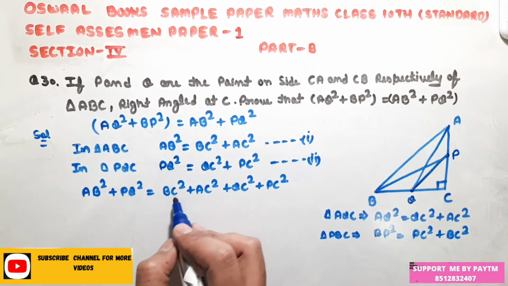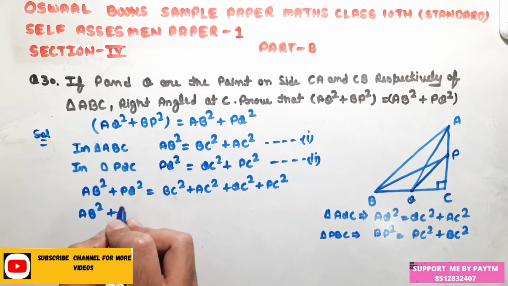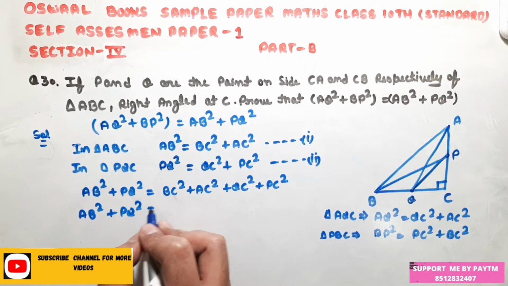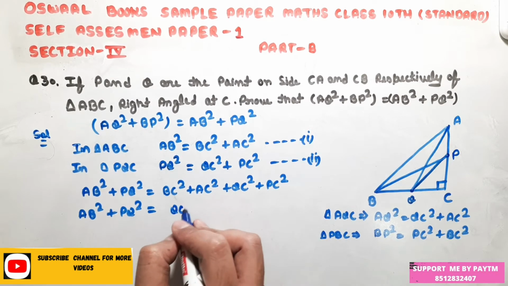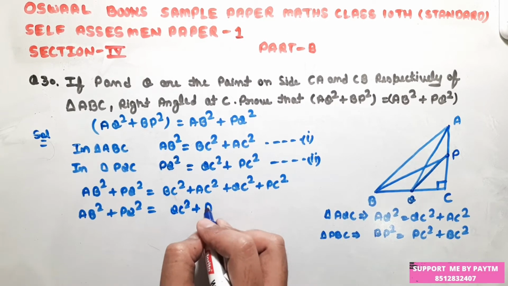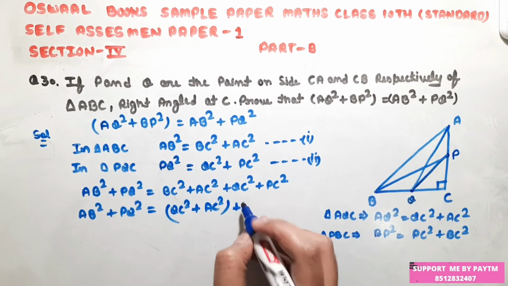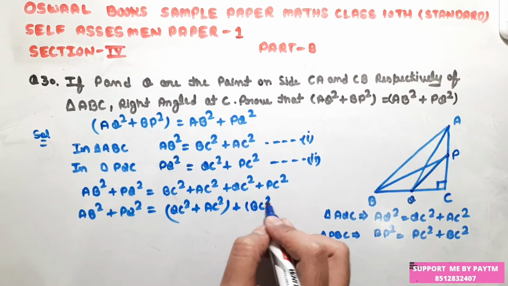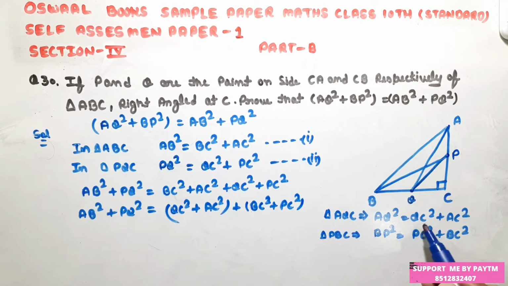So, rearranging, AB square plus PQ square is equal to QC square plus AC square plus BC square plus PC square. Here we can see QC square plus AC square is equal to AQ square.